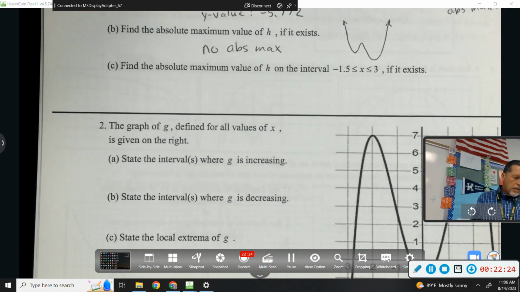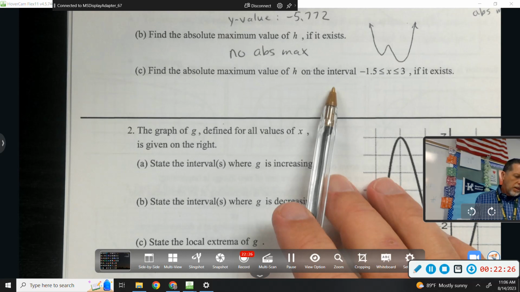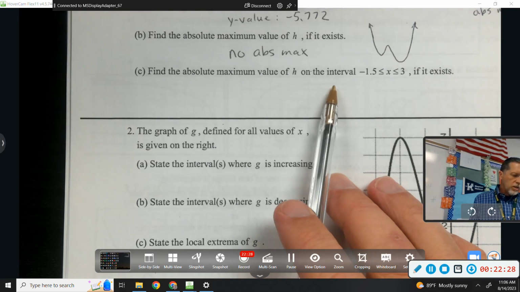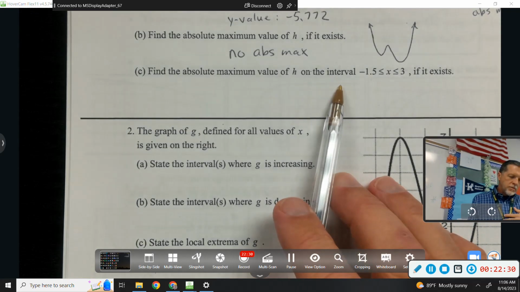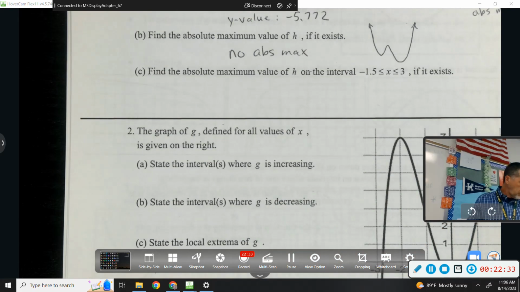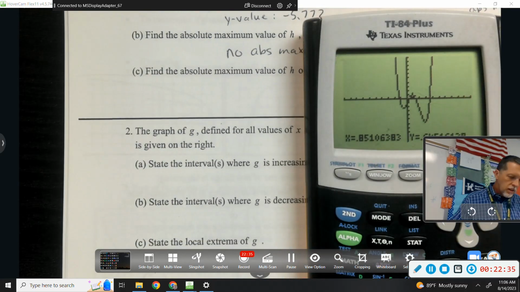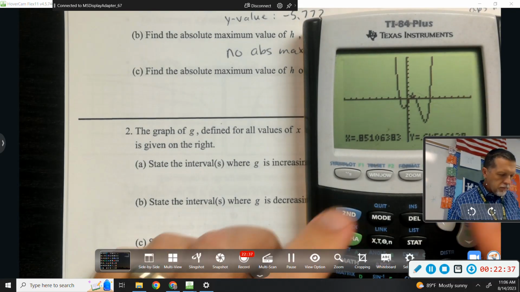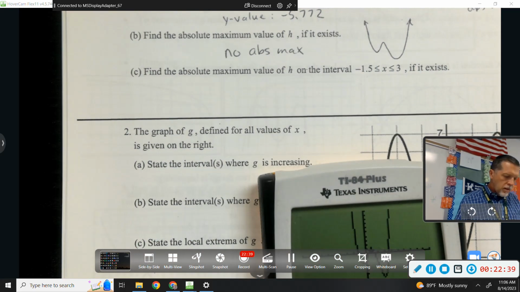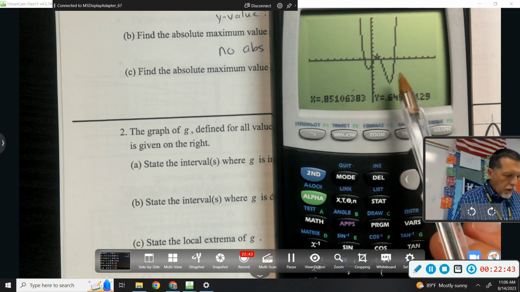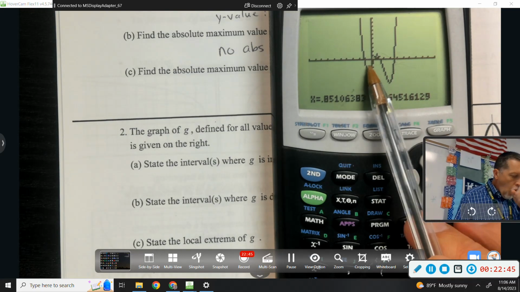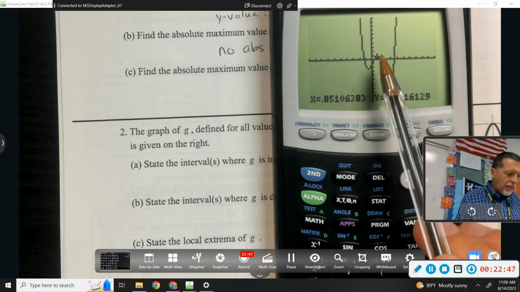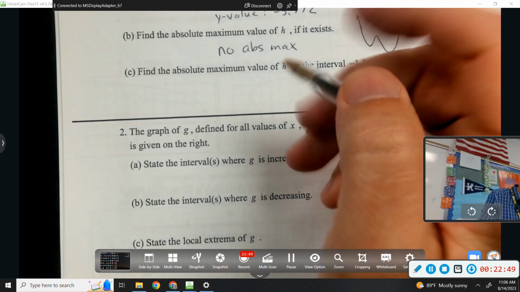Find the absolute maximum on the interval from negative 1.5 to 3. So I probably need to check, and I think I'm going to have to check my endpoints here.